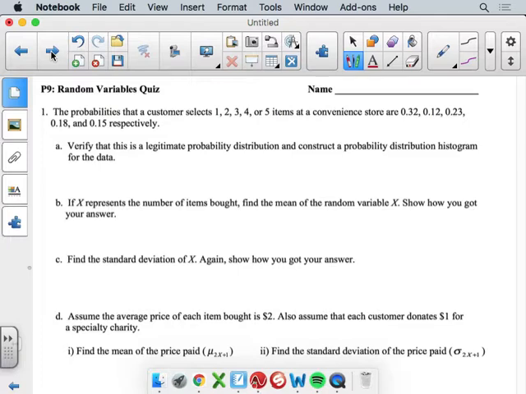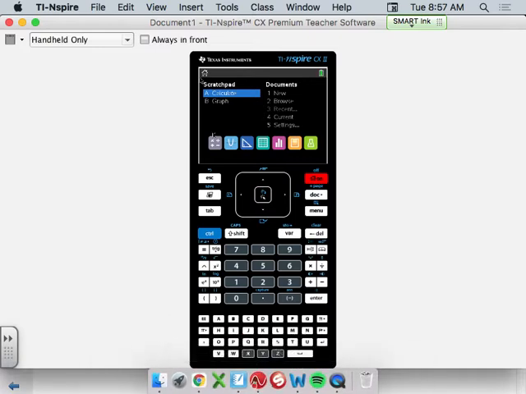Yeah, y'all are gonna need some calculators too. So if you grab a calculator, if you don't have one, that would be good. I'll go get you one.